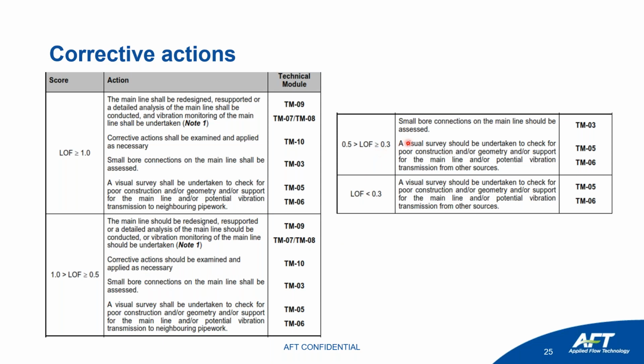So it's not a major problem. So really the vibration that you observe in the field will not cause problems according to the energy guidelines. So no action needs to be taken.